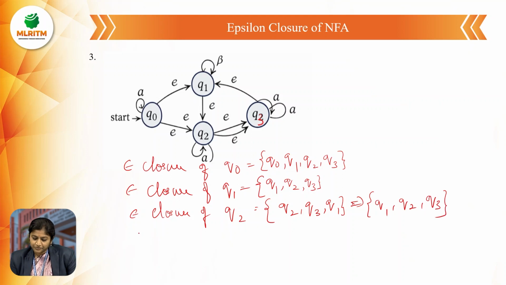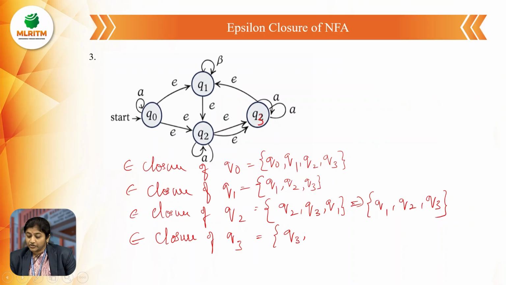Okay. Next, epsilon closure of Q3 state. Okay, the same state first. Then from this state, where is it going with epsilon symbol?